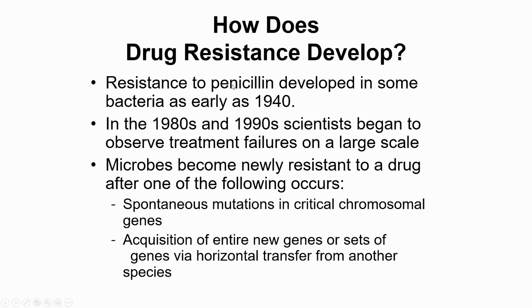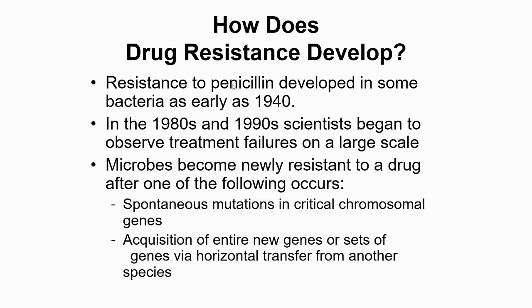So resistance to penicillin developed as early as 1940, but it was still relatively rare. But then over time, as it became less expensive, easier to get a hold of, to get prescribed, penicillin expanded its use to everything.